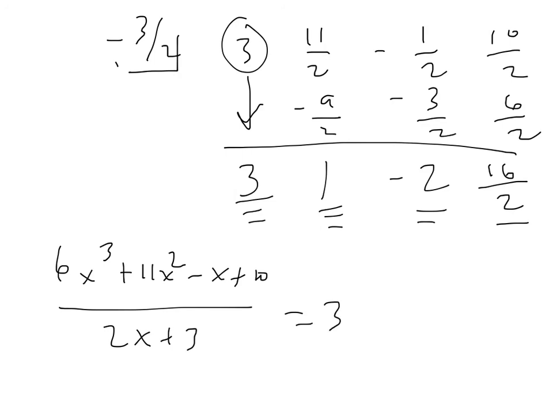So 3x to the second plus 1x to the first minus 2 plus 16 over, again, the 2 is the lead coefficient of my denominator, so 2x plus 3. Kind of a funny way to write the denominator.